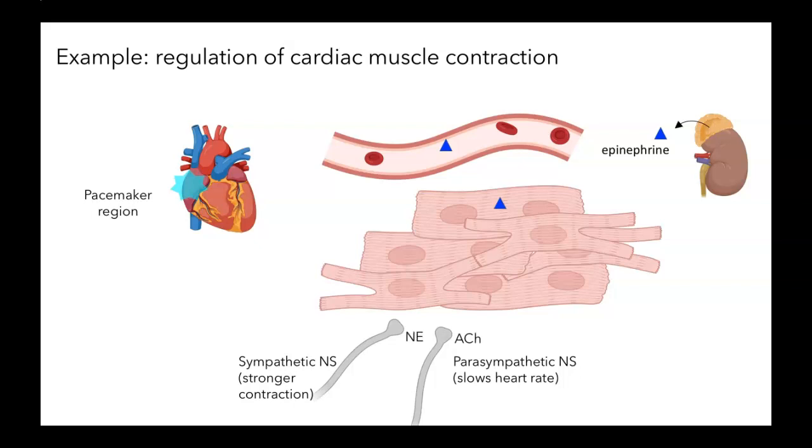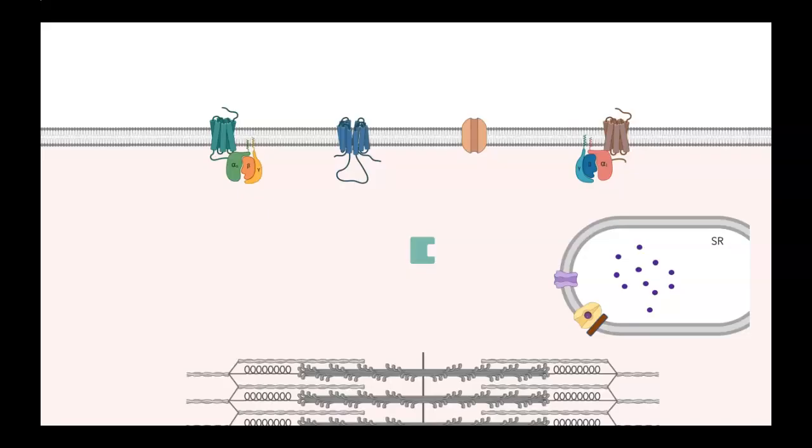The sympathetic nervous system releases norepinephrine, the parasympathetic nervous system releases the transmitter acetylcholine. Norepinephrine will make heart contractions stronger, whereas acetylcholine will slow the heart rate. What we're going to see at a cellular level is that it's the G-alpha-S and the G-alpha-I signaling pathways which will mediate these changes.